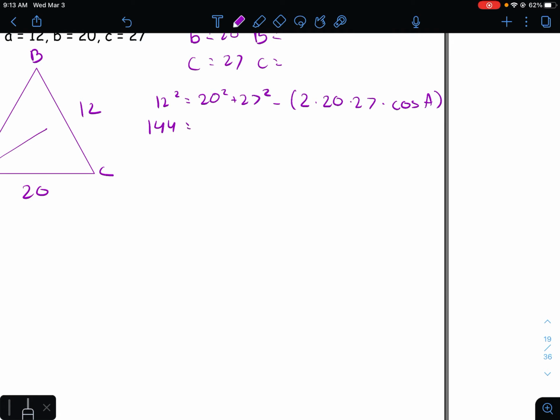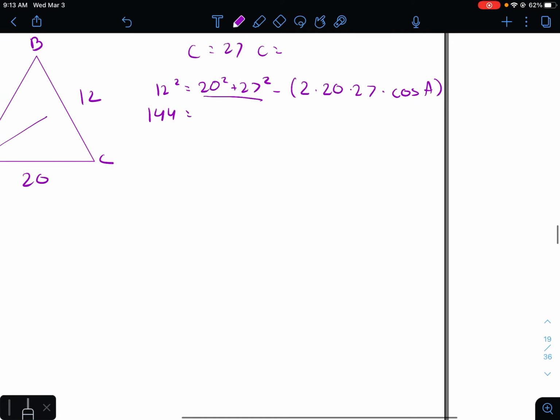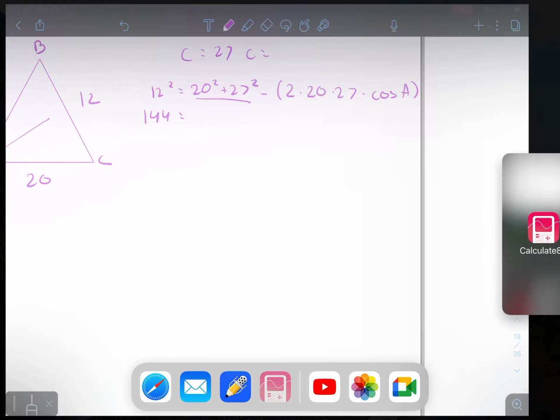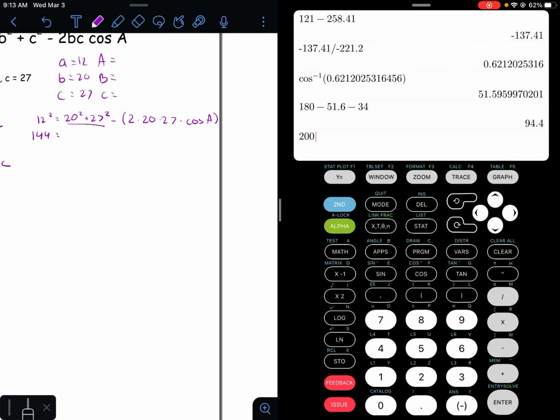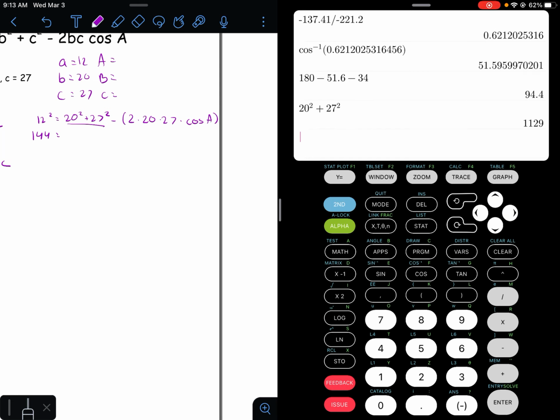So we're going to get 144 equals, and then we could plug this into the calculator. 20 squared plus 27 squared, and we get 1129 minus, and then remember you're going to plug the numbers in front of the cosine, so you do 2 times 20 times 27.